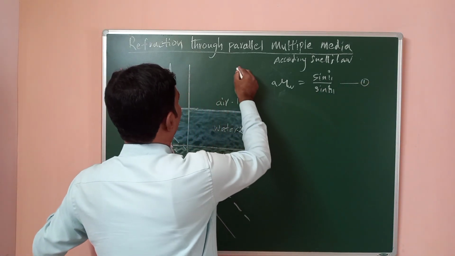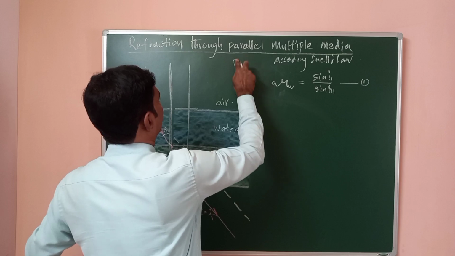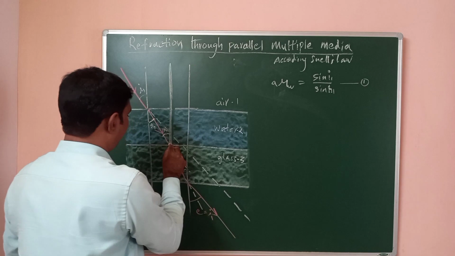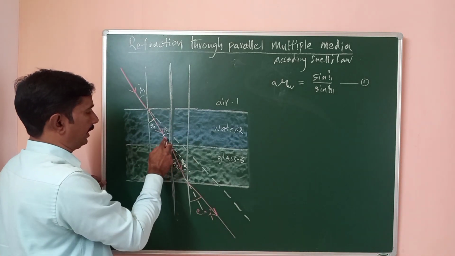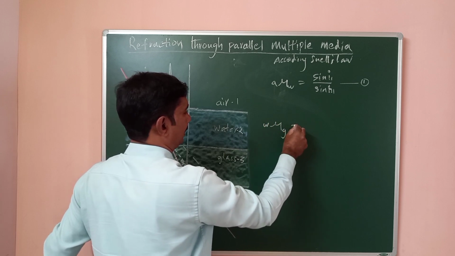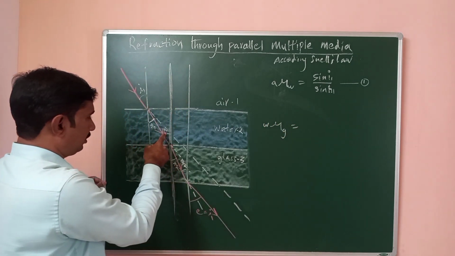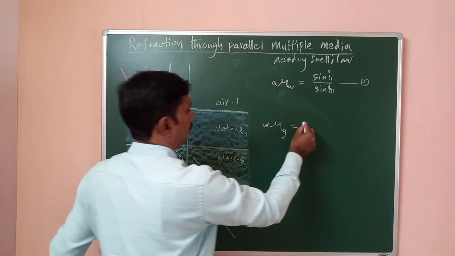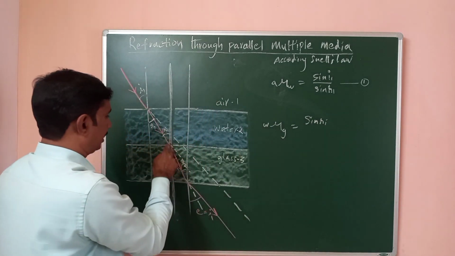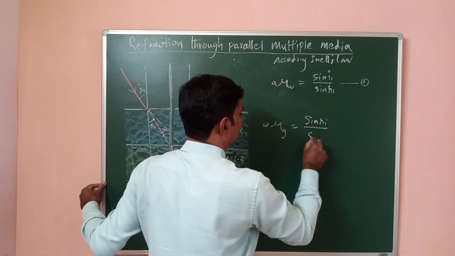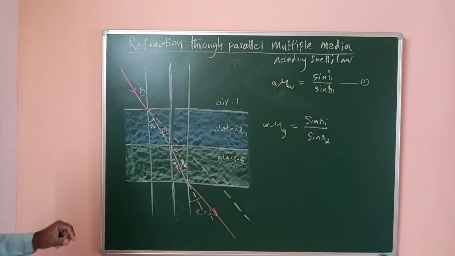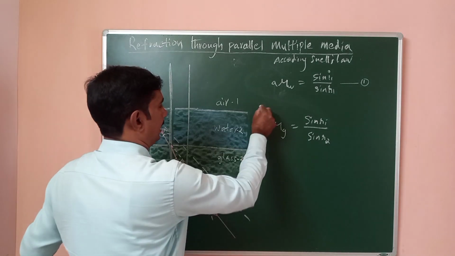Now due to the refraction at the second interface, what we have to write is, light is traveling from water to glass, mu W to G is equal to sine R1 by sine R2. Here R1 is the angle of incidence for this interface.